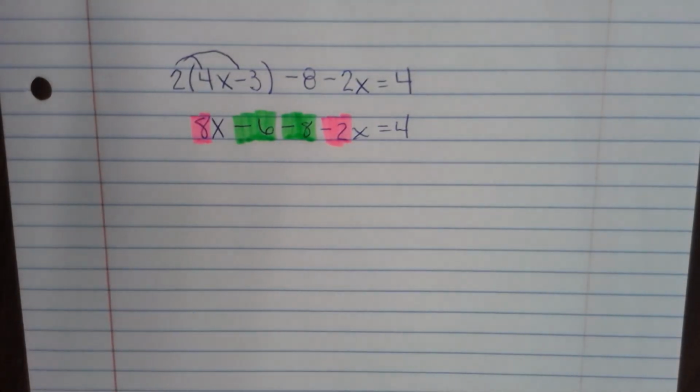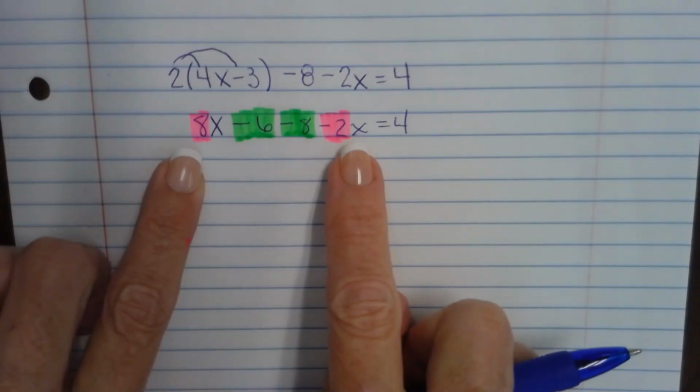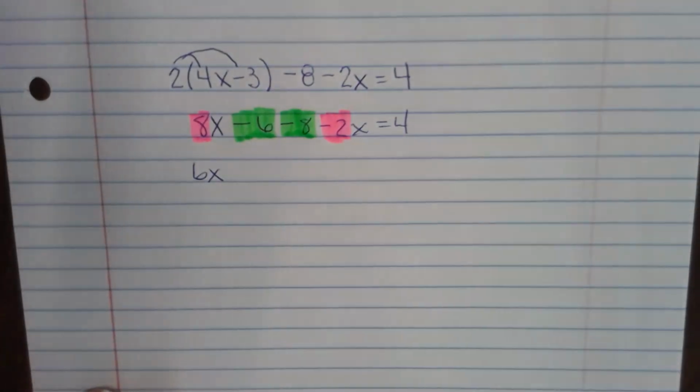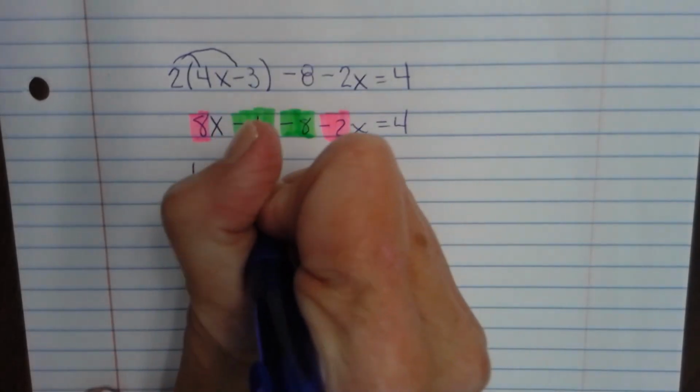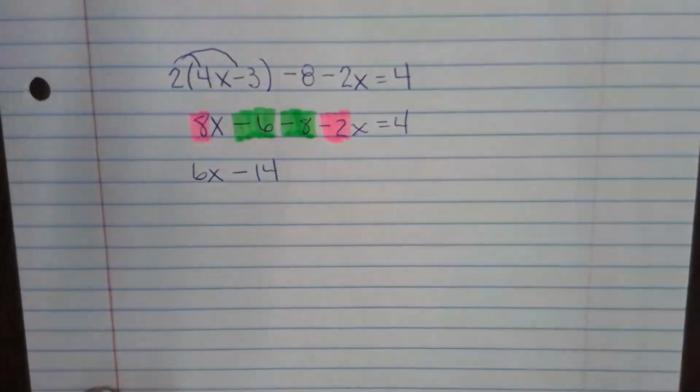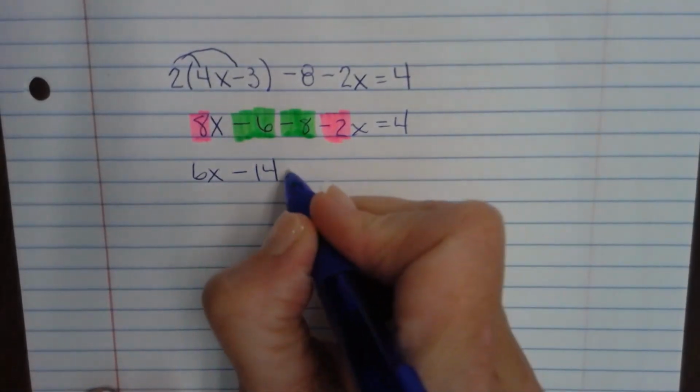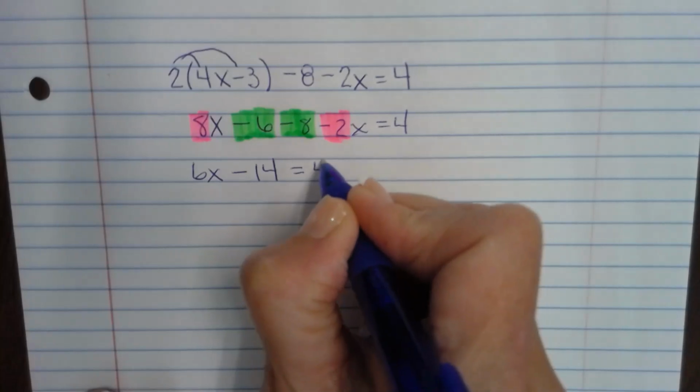Okay, so I'm going to put the x's together first. What's 8 minus 2? So see, that's 6x. When I combine here, a negative 6 and a negative 8 is negative 14, so that just really becomes minus 14. And now bring down your equal sign, bring down your 4.